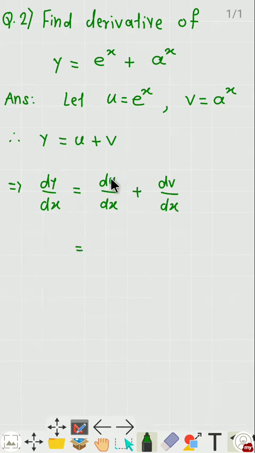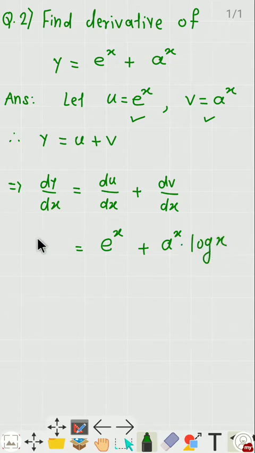The derivative of u with respect to x: the u function is here, and we know its derivative is e raised to the power x. Plus the derivative of v with respect to x: the v function is a standard function, and its derivative is a raised to x into log of a.